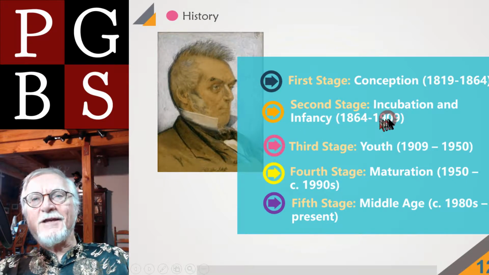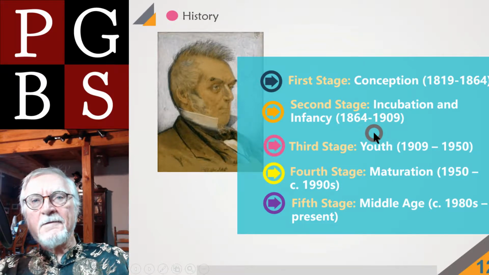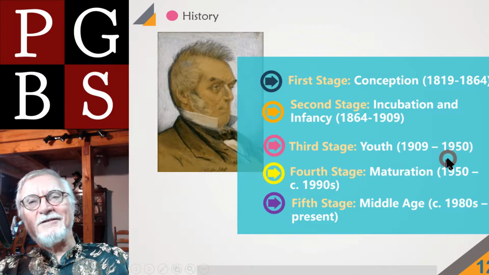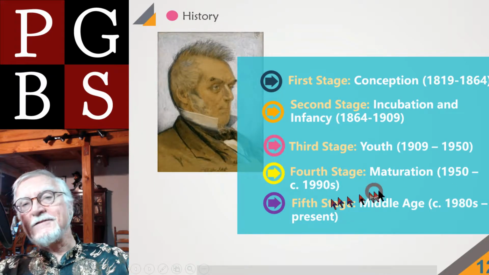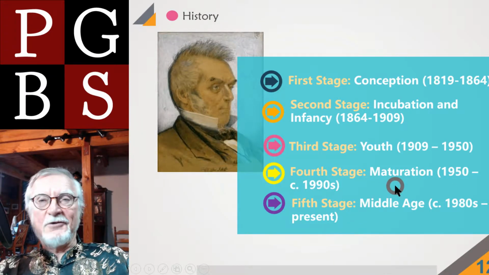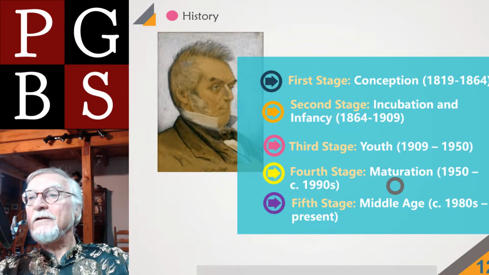The second stage was incubation and infancy as it grew, 1864 to 1909. I'll show you the significance of these dates in just a minute. They do have significance. The third stage is the youth of the movement, between 1909 and 1950. The fourth stage is the maturation of the movement, between 1950 and the 1990s. And of course, that's when I was a young, impressionable Christian, right at the mature high point of dispensationalism. And I think that's why I'm reacting against it so strongly.